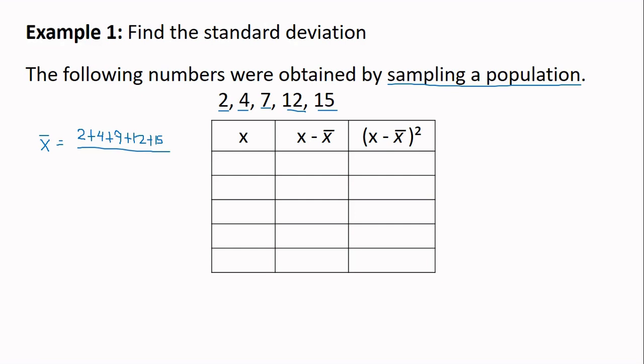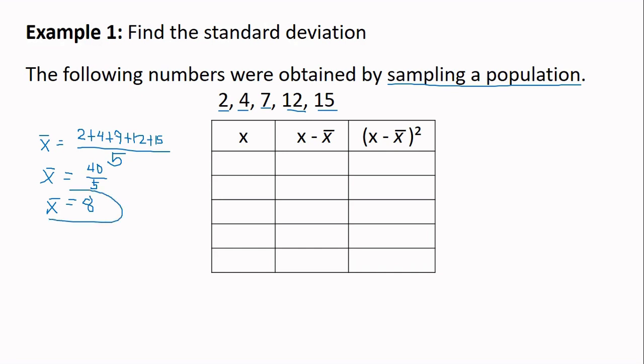So, 2, 4, 5. 5 siya ka. Sample size. Okay, so x bar or the mean is equals to 40 over 5. So, our mean here is 8.